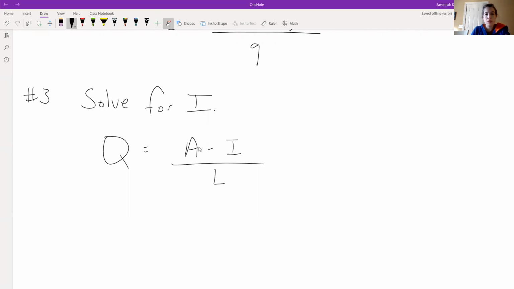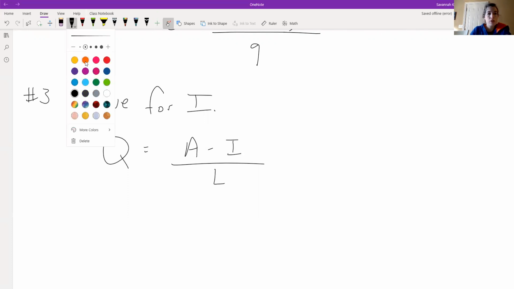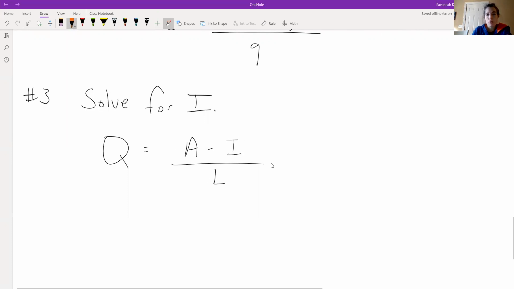What we need to do is acknowledge the fact that it's part of a fraction. The first thing that we have to do is get rid of that fraction by multiplying both sides by L.